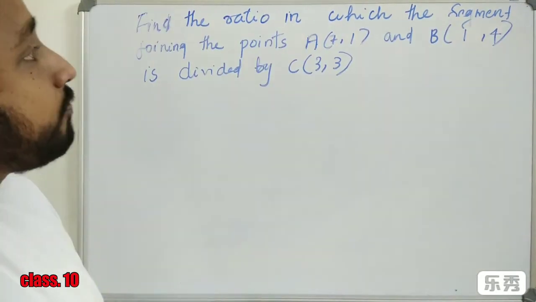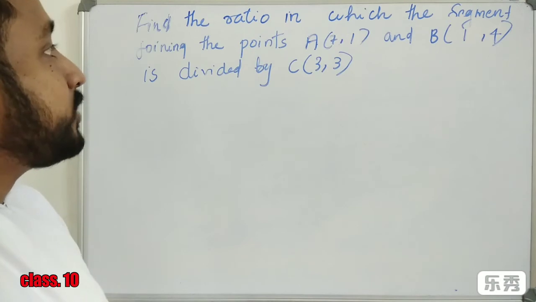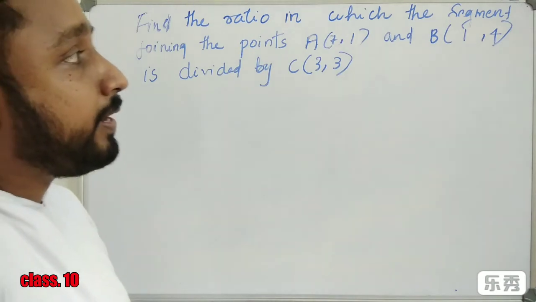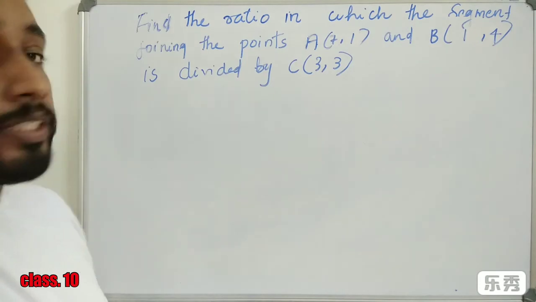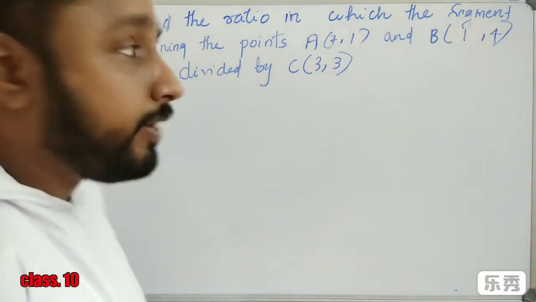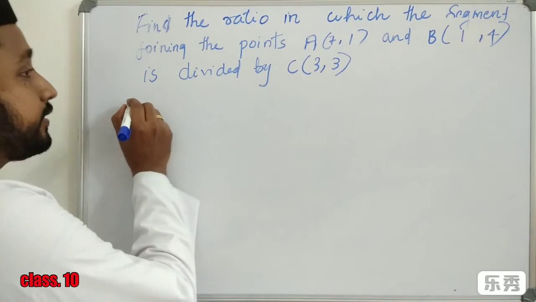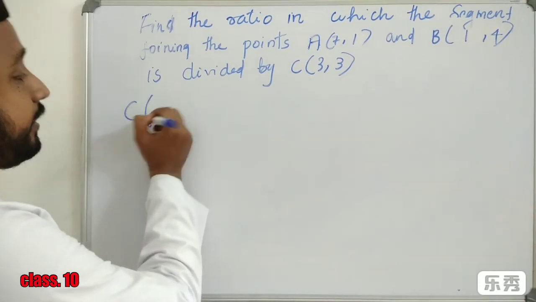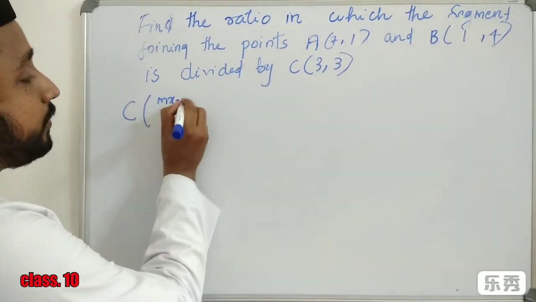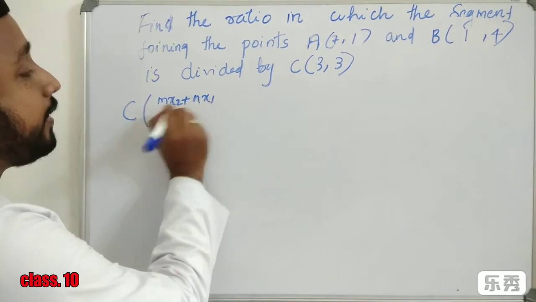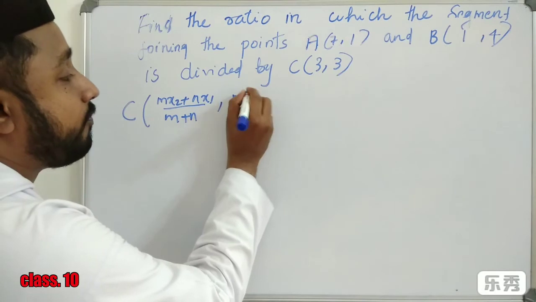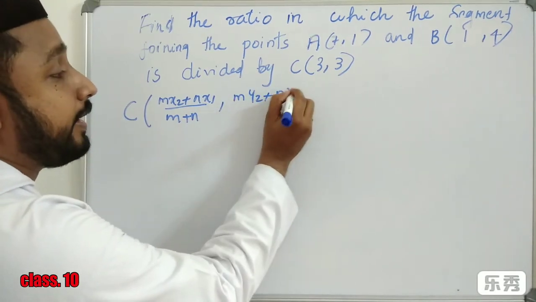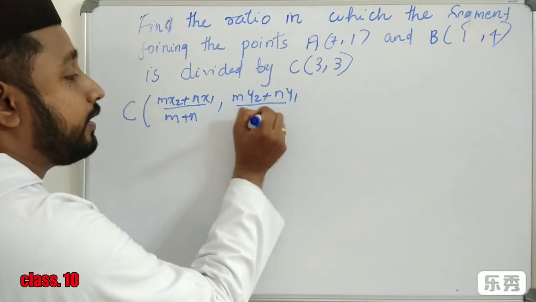Next question. Find the ratio in which the segment joining the points A (7, 1) and B (1, 4) is divided by C (3, 3). So we have the section formula: C is (mx2 plus nx1) by m plus n, and (my2 plus ny1) divided by m plus n.